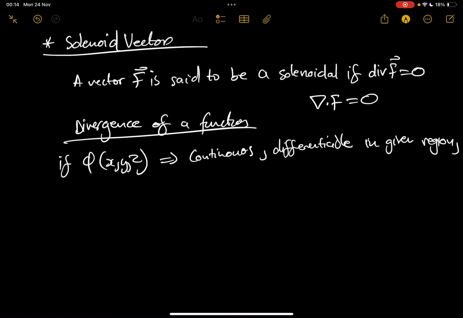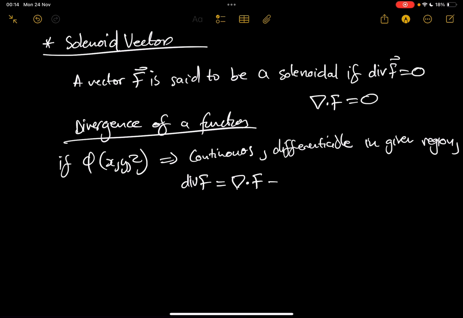We are saying the div of that function, and I'm using a dot product here. This dot means it's a dot product. The div of that function, you represent as div f or the del operator dot f, which is a dot product.